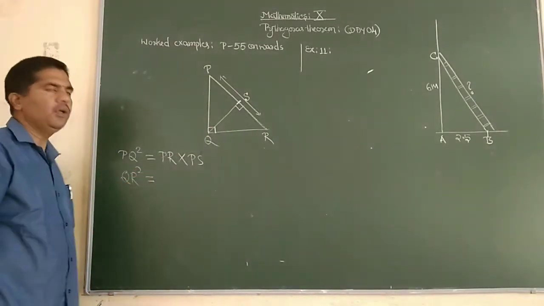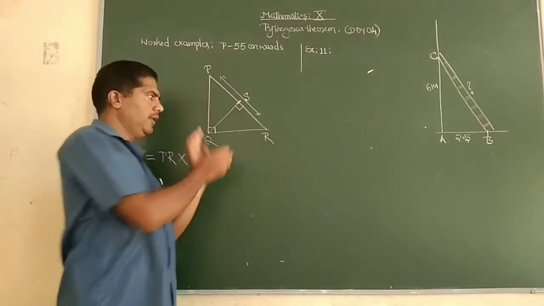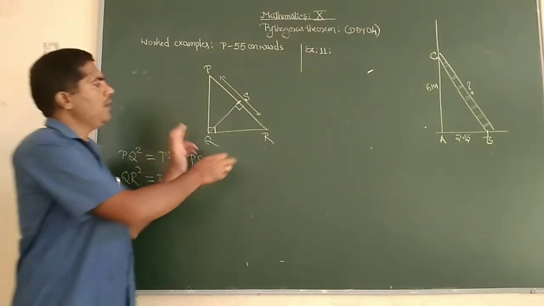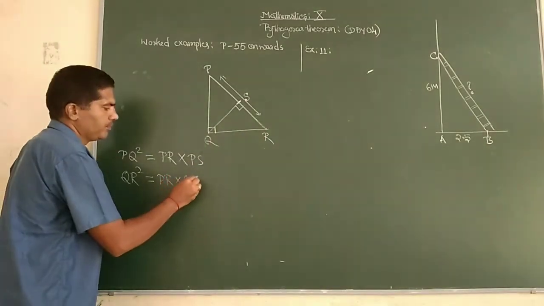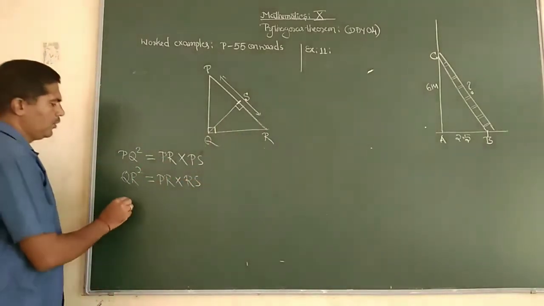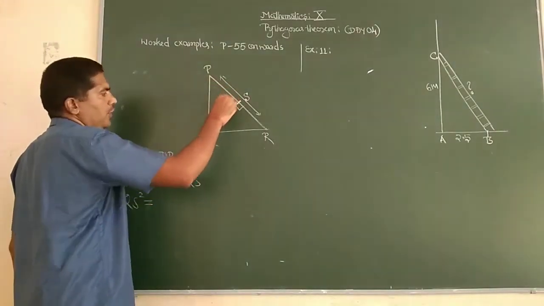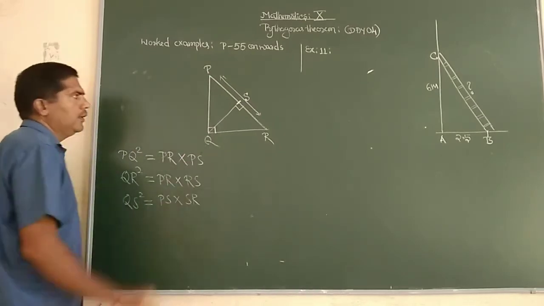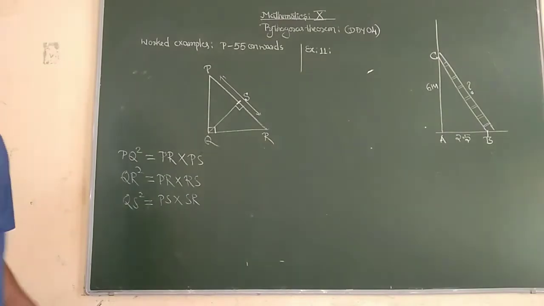QR square, same way, equal to the hypotenuse into the part of the hypotenuse connected to QR, that is RS. Then QS square equal to PS into SR. So like this, for any triangle you can write these relations. Remember, they will be helpful for you in solving.